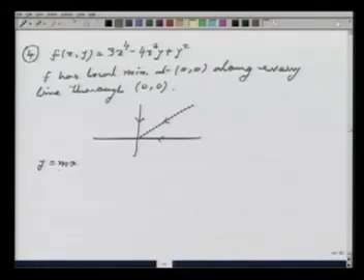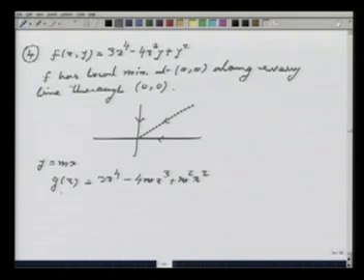If I put y equal to mx, then my function, if I call it g(x), is 3x to the power 4 minus 4m x cube plus m squared x squared. To check that 0 is the minimum, I can use the one variable theory. So g prime(x) is 12x cube minus 12m x squared plus twice m squared x.